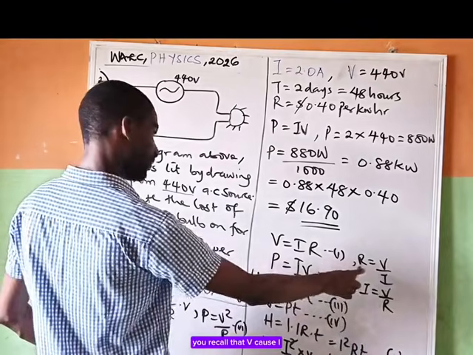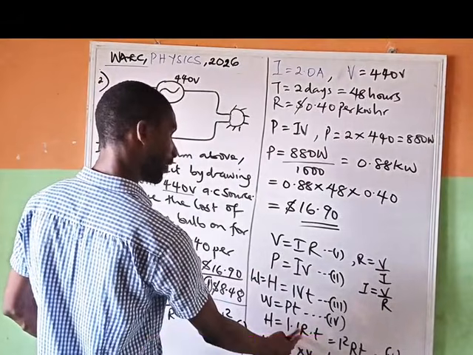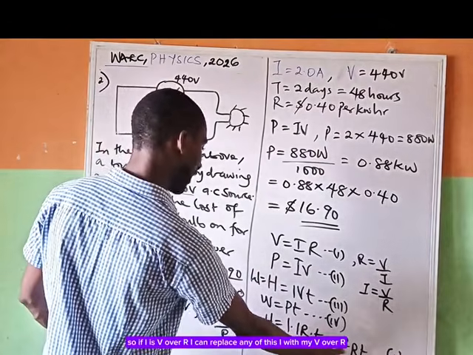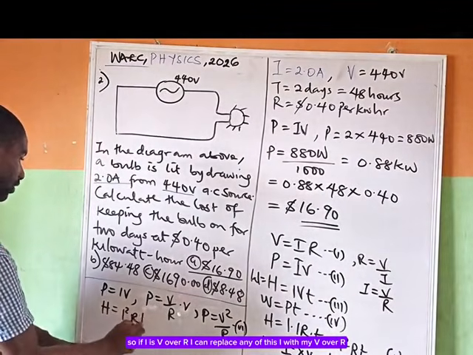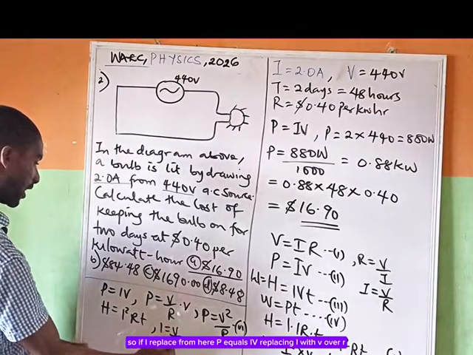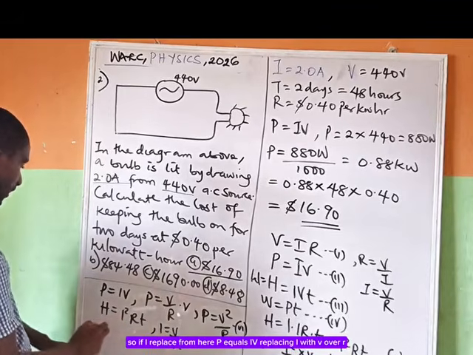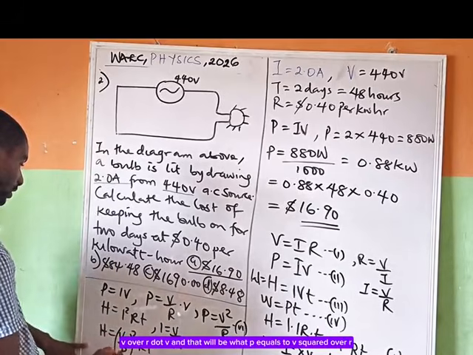Let's have another one. What if I replace my I with V over R here? Since H equals I squared RT, and I is V over R, if I replace this I with V over R, I have H equals V over R squared times RT.